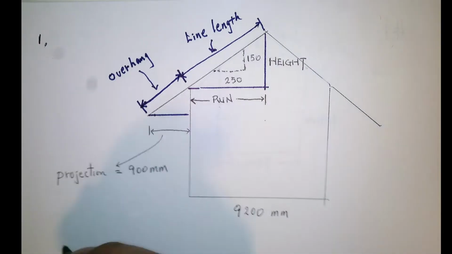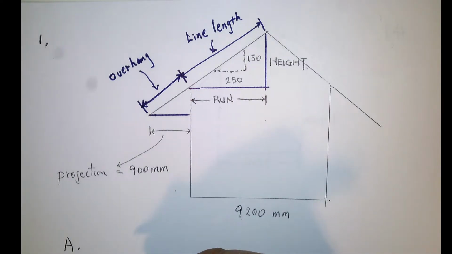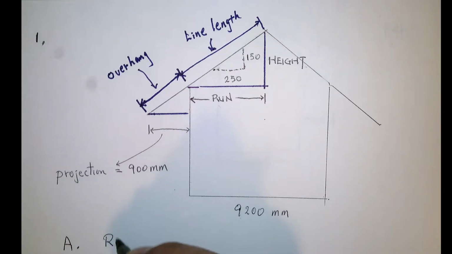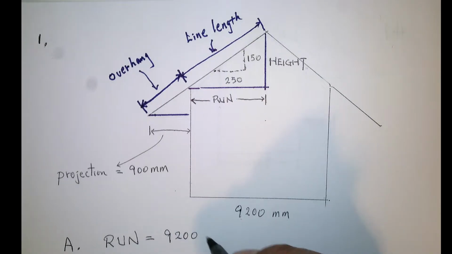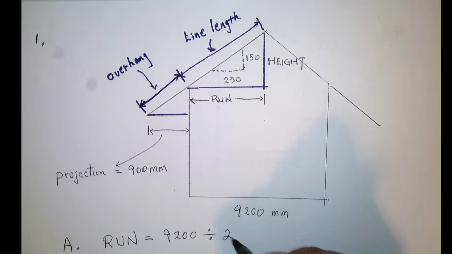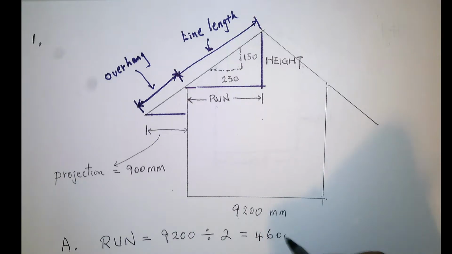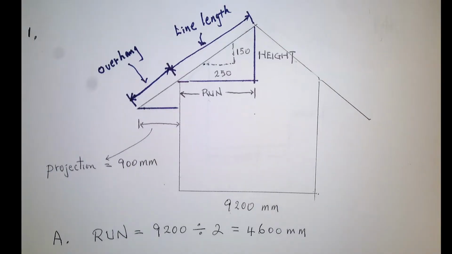So for the A, the run of the common rafter is 9,200 divided by 2, and that's 4,600 millimeters. Okay?